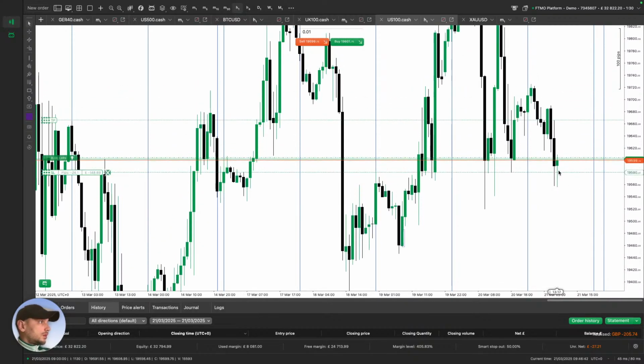Another good thing is that this 1 hour candle took those lows.